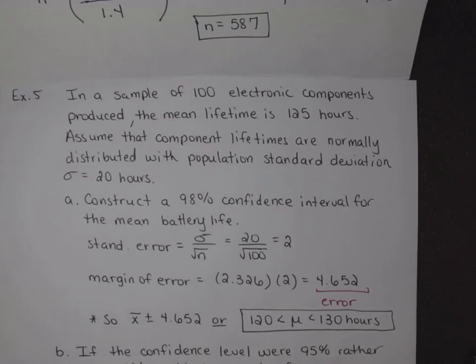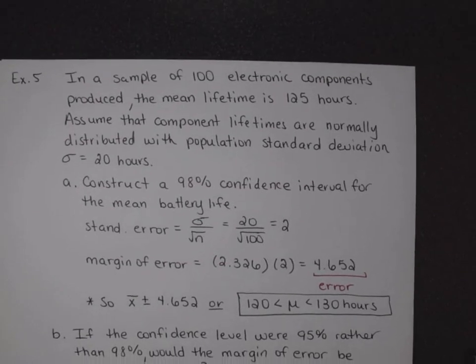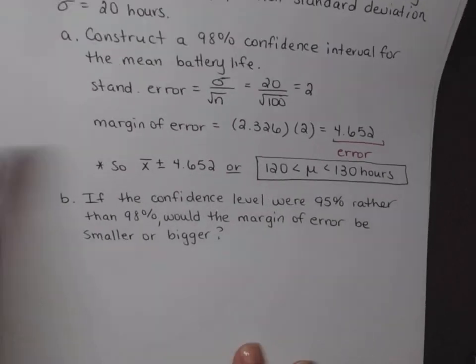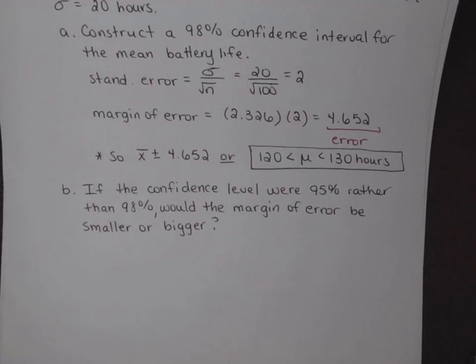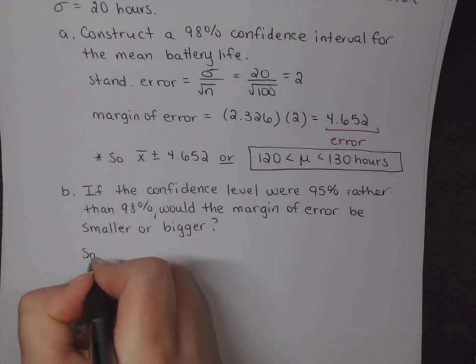Remember, margin of error is just the error one way or the other. So this is more of a conceptual question, and I don't necessarily want you to actually figure it out, okay? What I want you to do is think about it instead. Notice 95% is not as accurate as 98%, right? So we're not being as particular or as much of a stickler on what we have the value to be, right? Which means the error is going to be smaller.